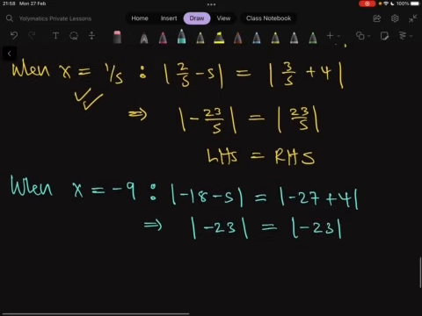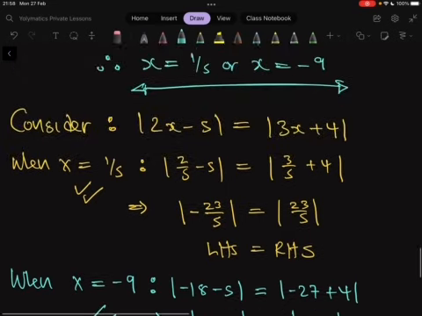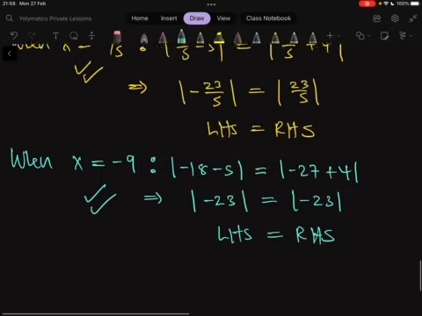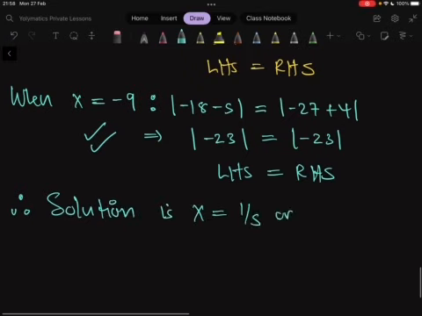So the left hand side and the right hand side are the same. Both answers check in correctly. And what can we therefore say? Finally, the solution to our problem is x is equal to 1/5, or x is equal to minus 9.